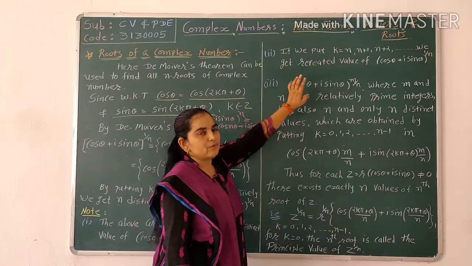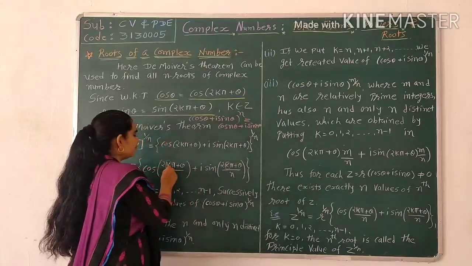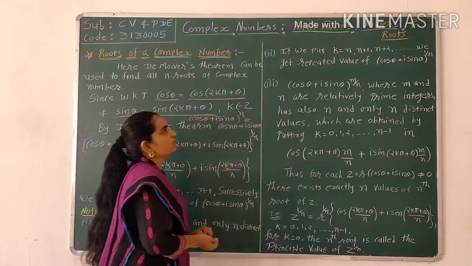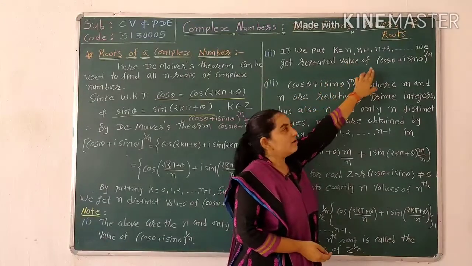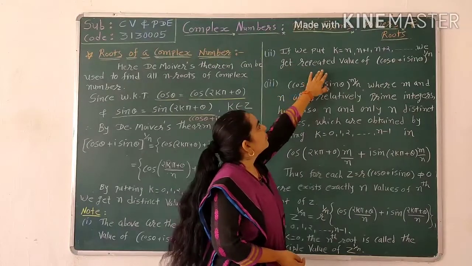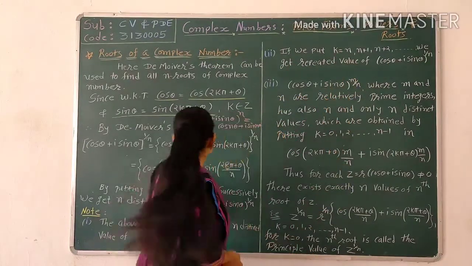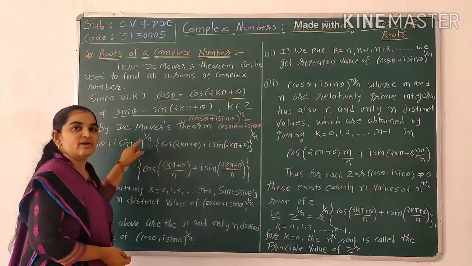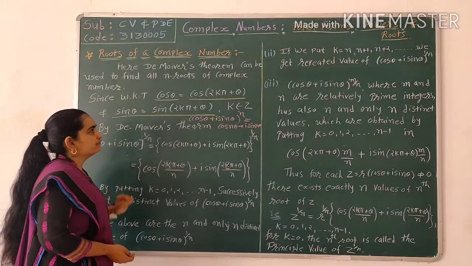Now note number 2: if we put k equal to n plus 1, n plus 2 and so on, then we get repeated values of (cos theta plus i sin theta) raised to 1 upon n.